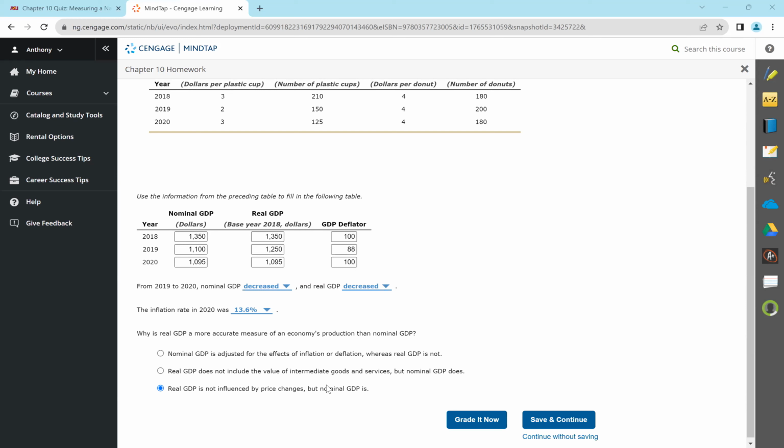I've been doing this for over 10 years and I still don't know all these. Just a little slow here to load. Real GDP is not influenced by price changes, but nominal GDP is. Okay. All right. I feel like this is as good as it can be.